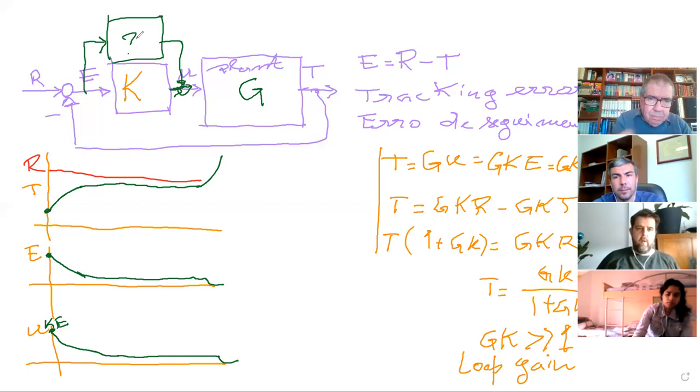We can do some computations like this to see what happens to disturbances. But alternatives: not a differentiator, not again a constant gain, not a constant that is not a gain, just adding something. So other possibilities.